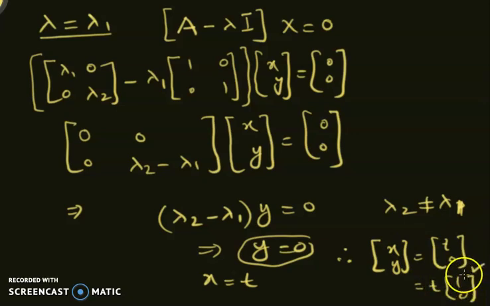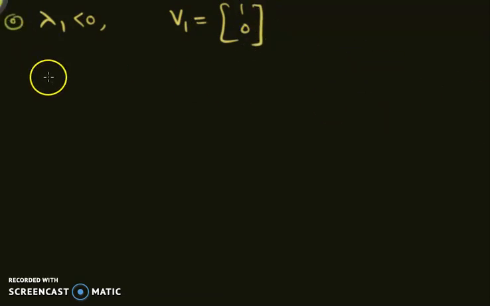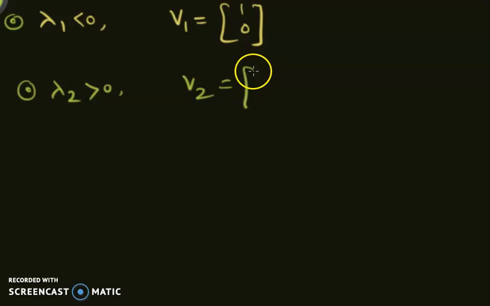So the eigenvector 1, 0 is going to be my eigenvector. For lambda 1 less than 0, my eigenvector is v1, which is 1, 0, and it is not hard to show, which you can calculate by yourself, that for lambda 2 positive, v2 is going to be 0, 1.